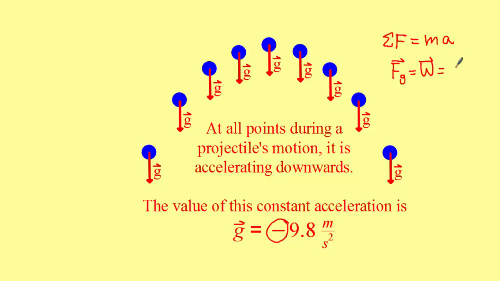But the force of gravity, or weight, is equal to m times little g. Suppose they should have vector symbols on top too, shouldn't they? So when we're talking about a projectile and it only has the force of gravity acting on it, it only has an acceleration due to gravity. So that's why all of these acceleration vectors have the magnitude of little g, which is negative 9.8.